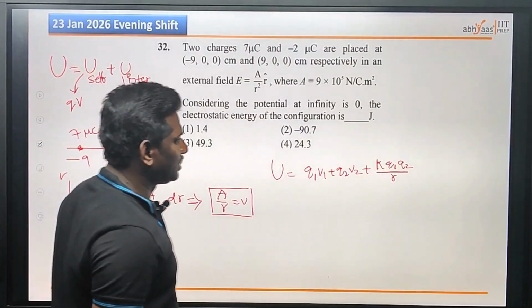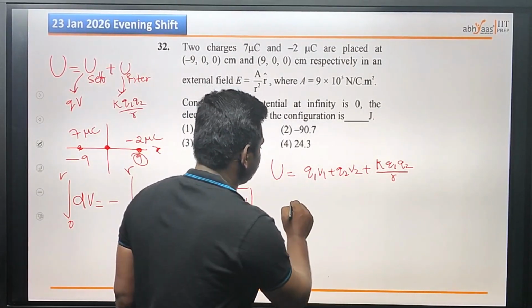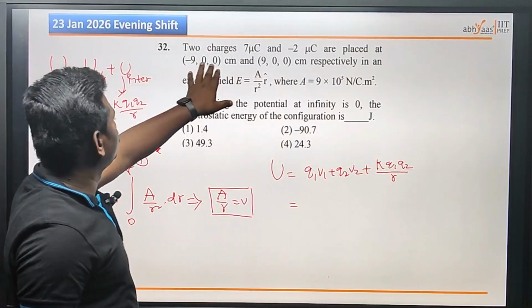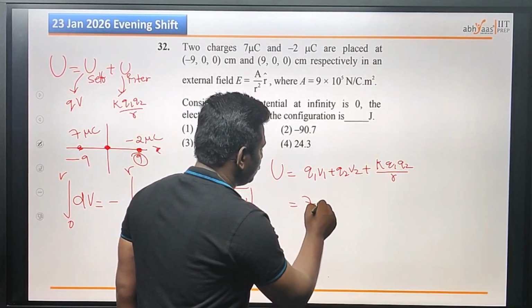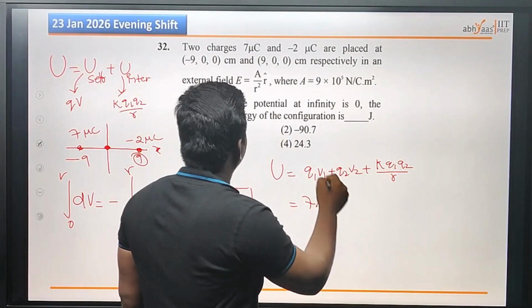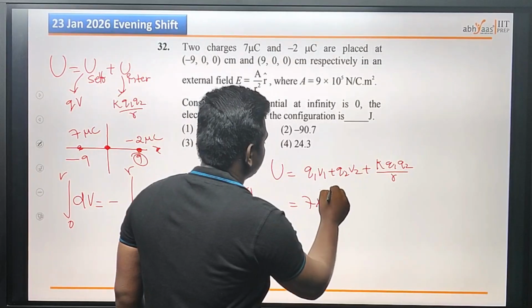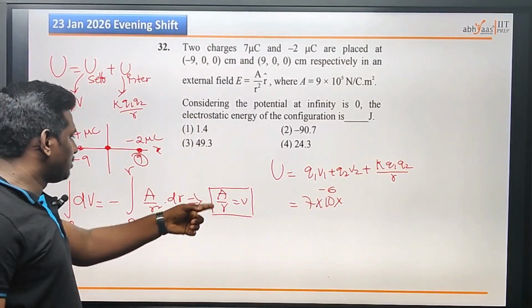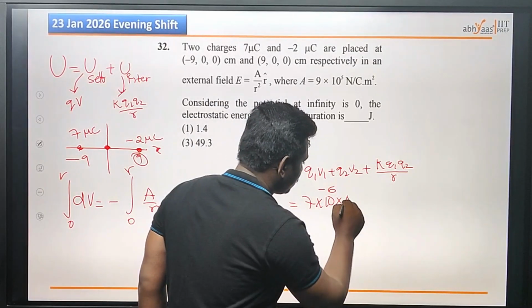So see, what is Q1? 7 into 10 to the power minus 6 into A by R. I will substitute the values after some time.